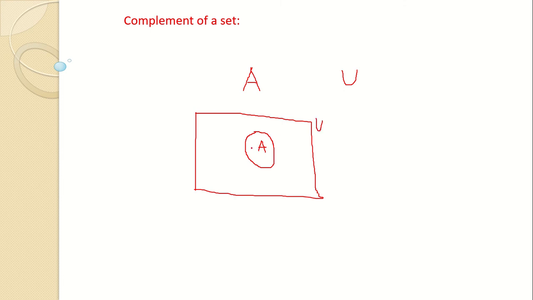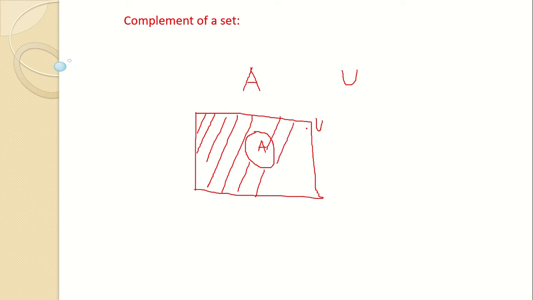All the elements that are not inside A, understand the word "not" is very important. All the elements that are not inside this set A, but are found in the corresponding universal set.